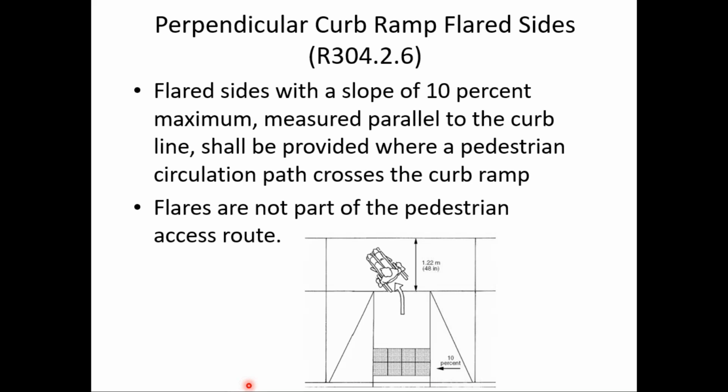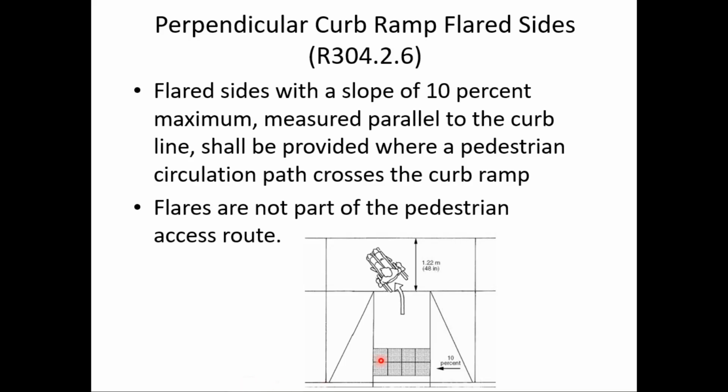I mentioned flared sides earlier. PROWAG says flared sides with a slope of 10% maximum measured parallel to the curb shall be provided where a pedestrian circulation path crosses the curb ramp.